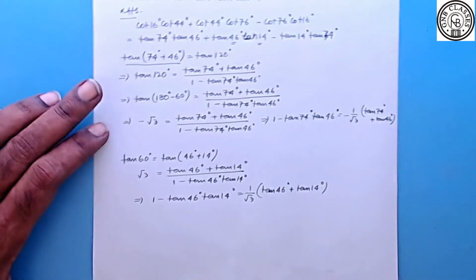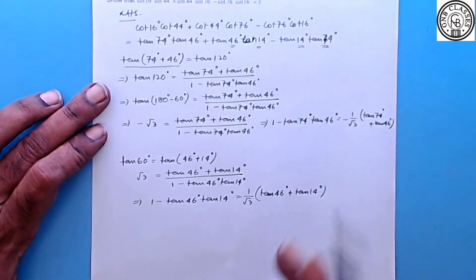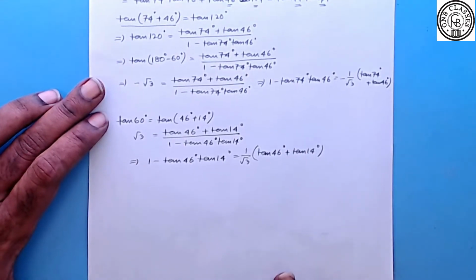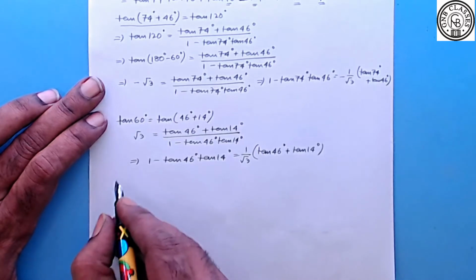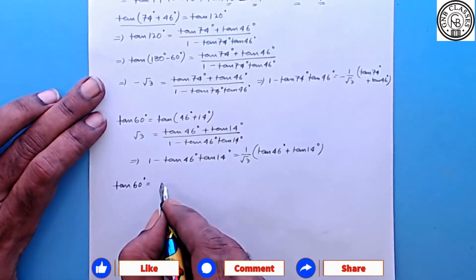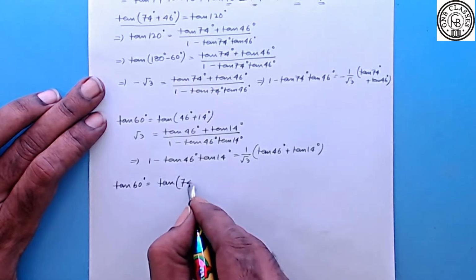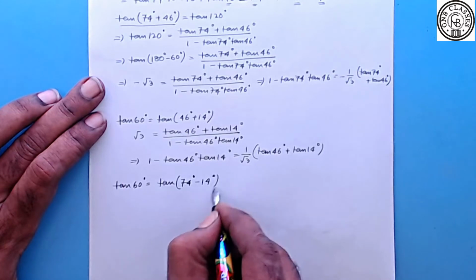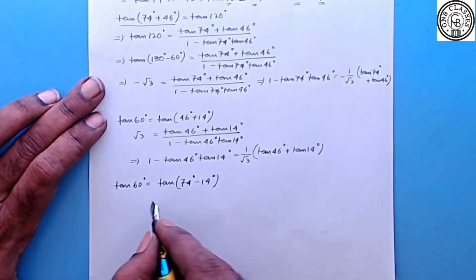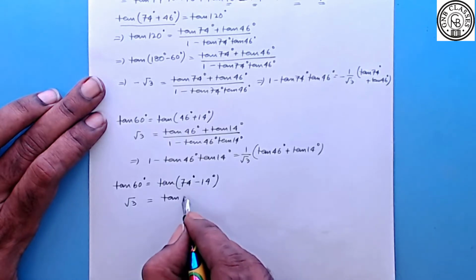Okay. Now see this part, 14 and 74. So what we can write? We can write this way. Tan 60 degree is tan of (74 minus 14). Okay. So root 3 equals, applying the formula tan (A minus B).